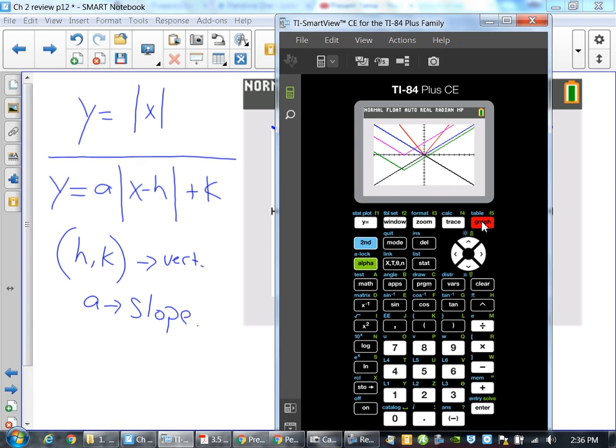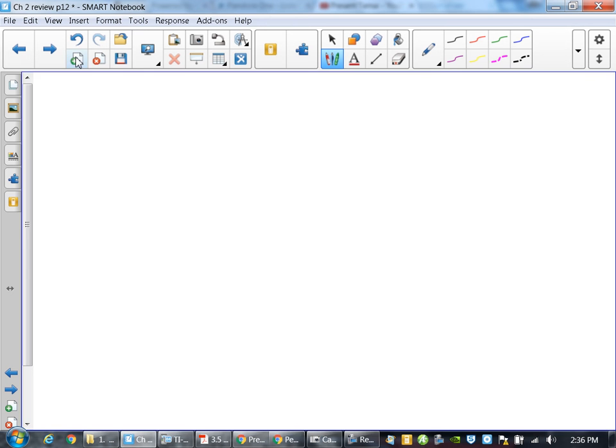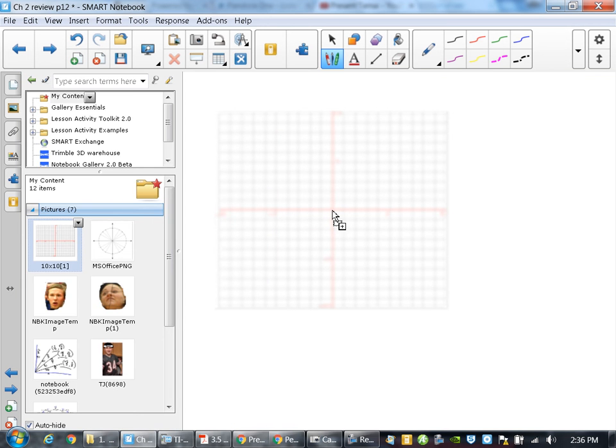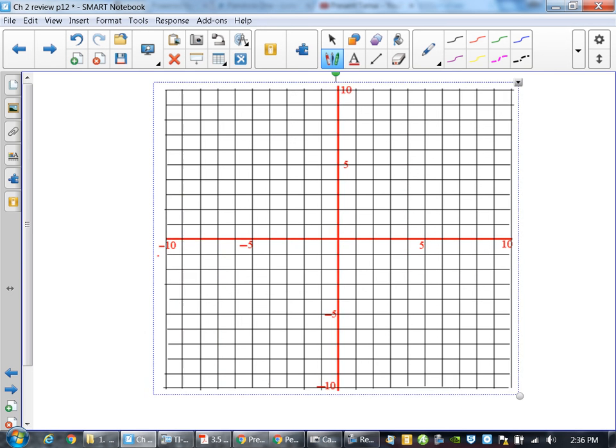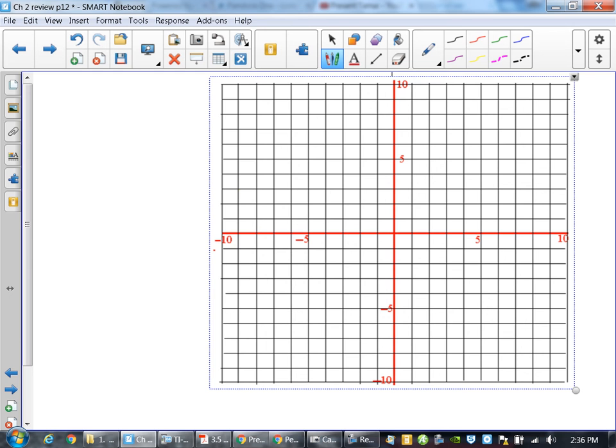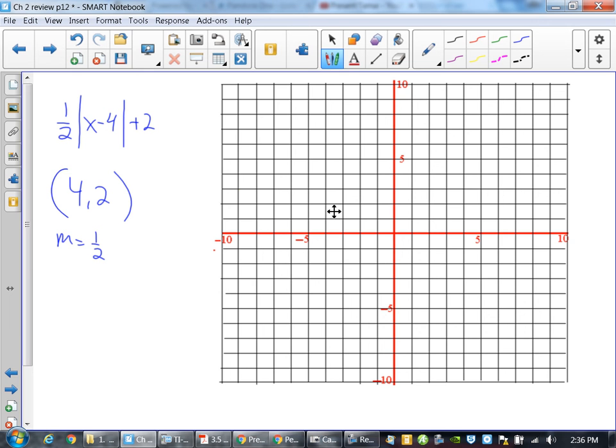So what I would do if I'm graphing this by hand: I know my vertex is at 4, 2. I start at 4, 2.